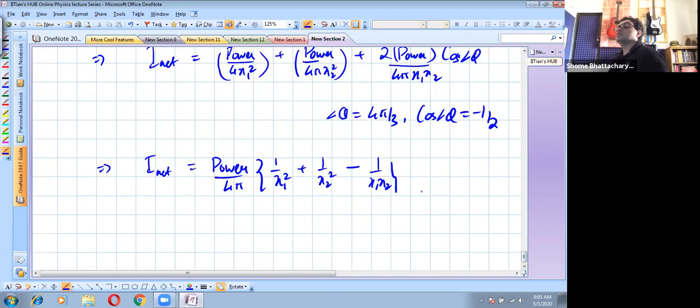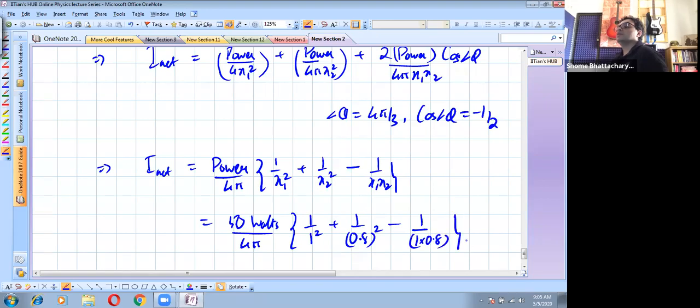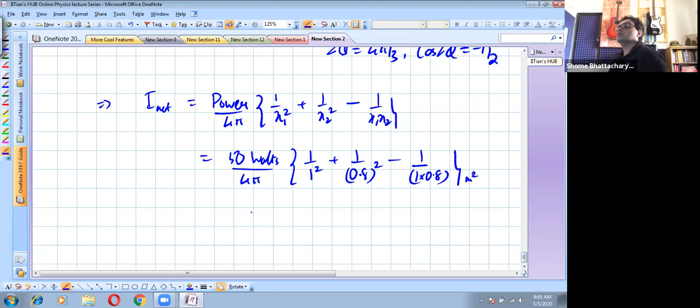So to get the proper answer now, we substitute this as 50 watts divided by 4 pi into 1 by 1 square plus 1 by 0.8 square minus 1 upon 1 into 0.8. So this thing that we get now, the denominator is in meters square. So this will give us the proper value of intensity in watt per meter square.